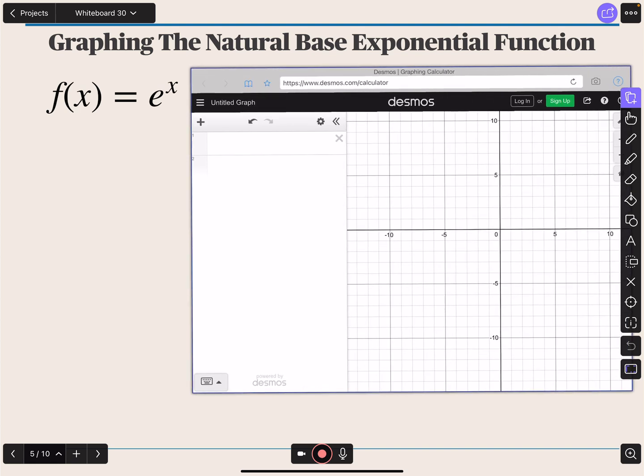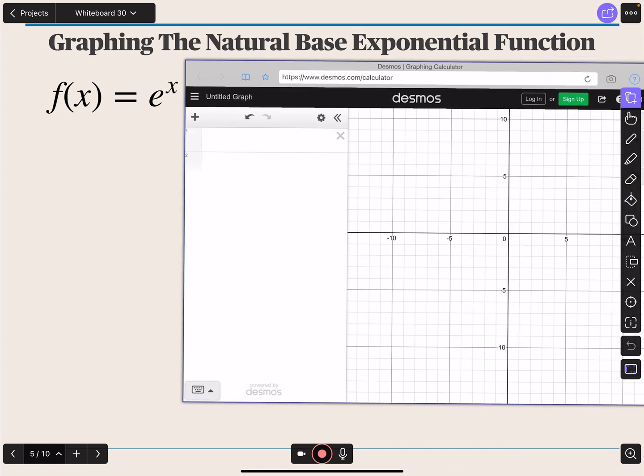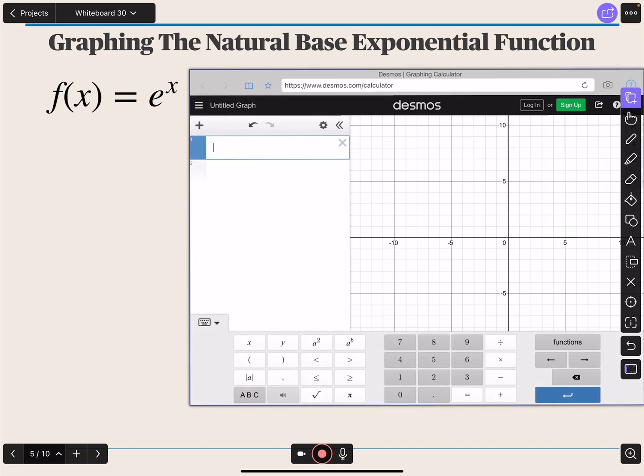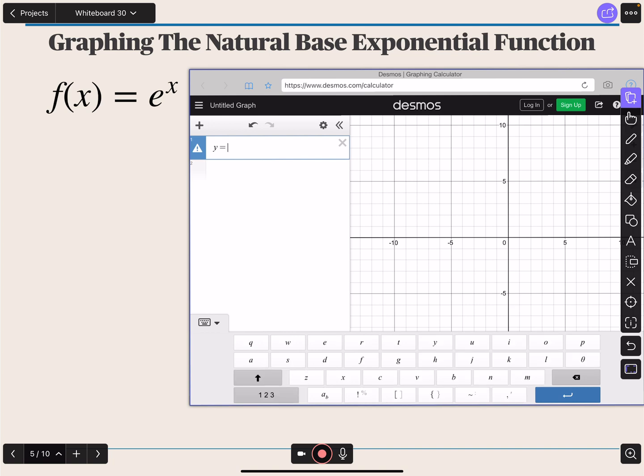You're going to have to be able to do this on your calculators. So using Desmos, I'm just going to graph this guy. For f of x, I can use y equals, and I got to find my base e. I'm not quite sure how it does it, so we're going to try e. It did do it. Very awesome.